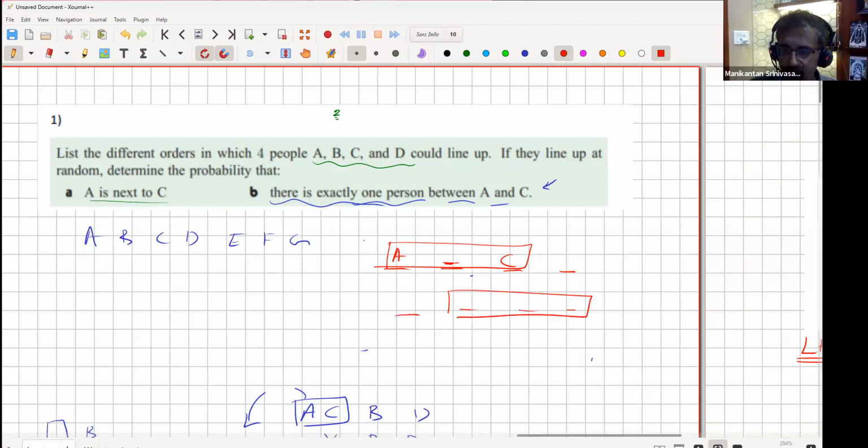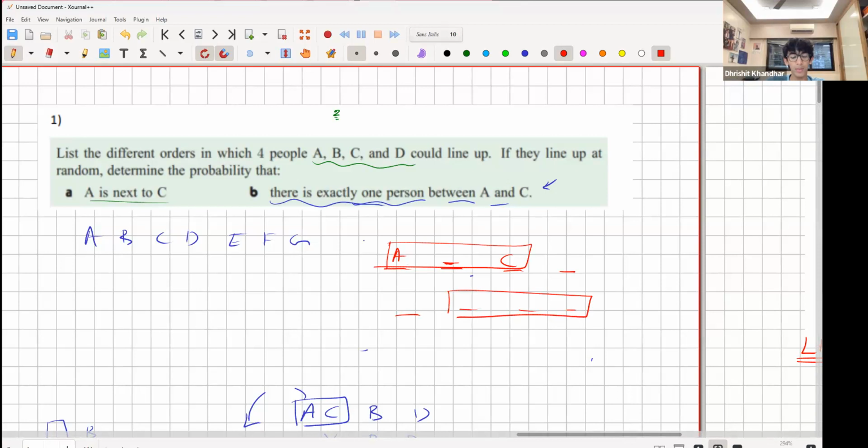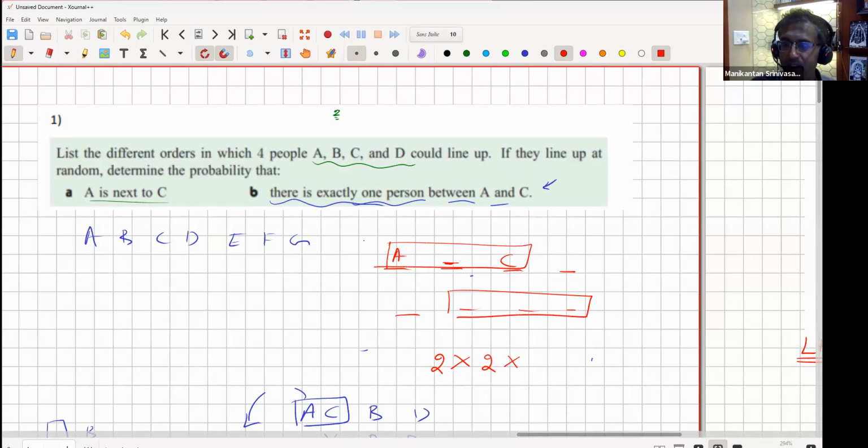So there will be 2 spots for the box, either 1, 2, 3 or 2, 3, 4. Now, once you open the box, A and C could be first and last or last and first. So there are 2 ways. And then within the box itself, who will sit in the center of A and C? Is it B or is it D? So each of those questions has 2 as the answer.